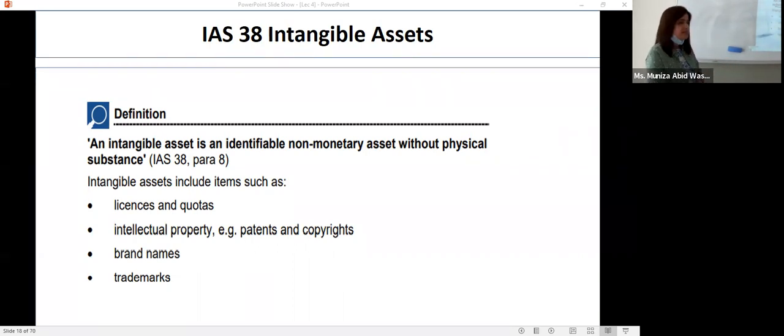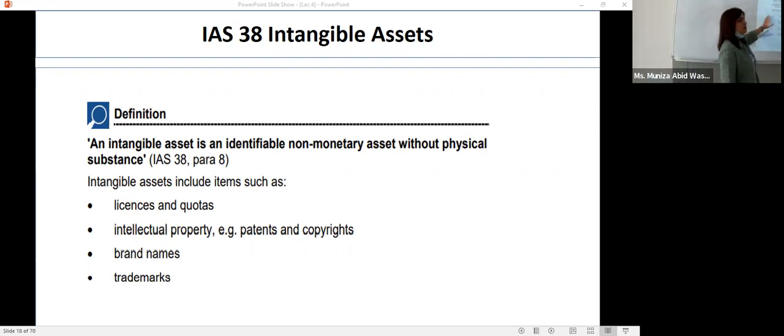For intangible assets, there is no readily available market. So the three characteristics of intangible assets are that they are identifiable, non-monetary, without any physical existence.